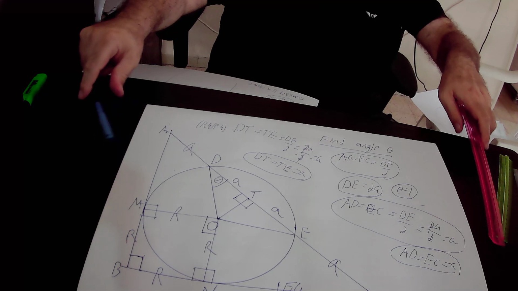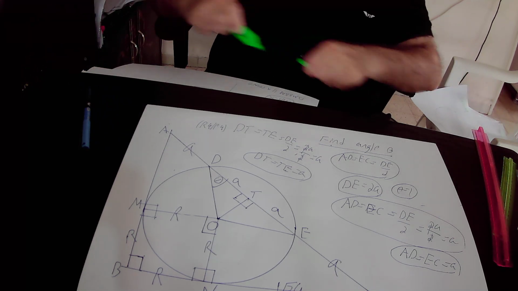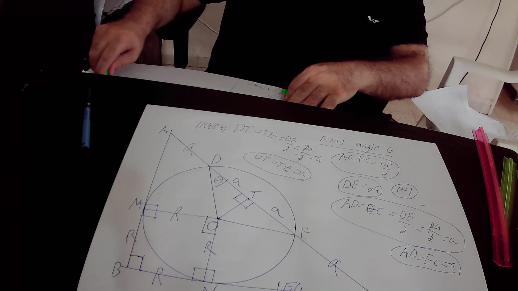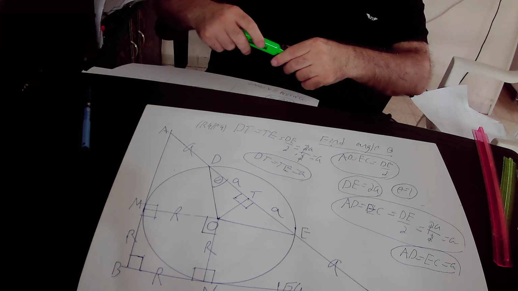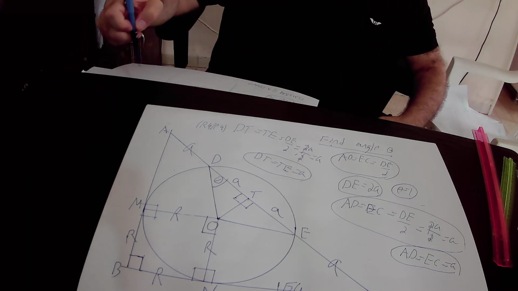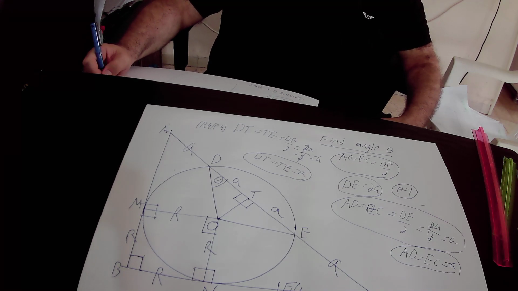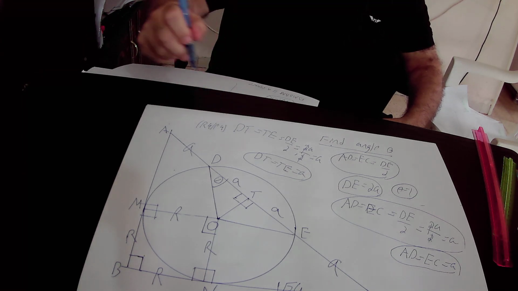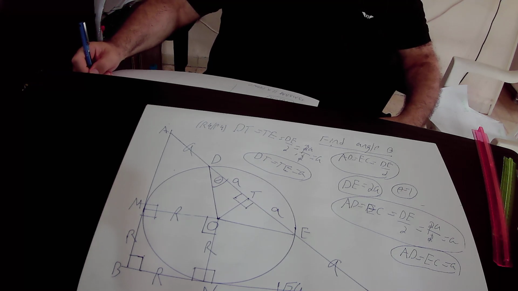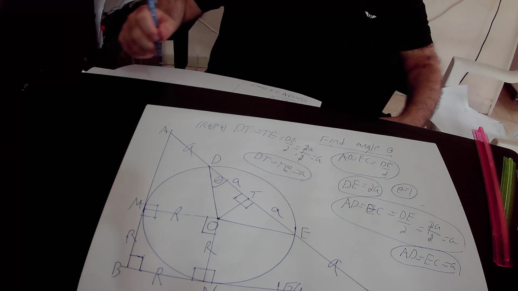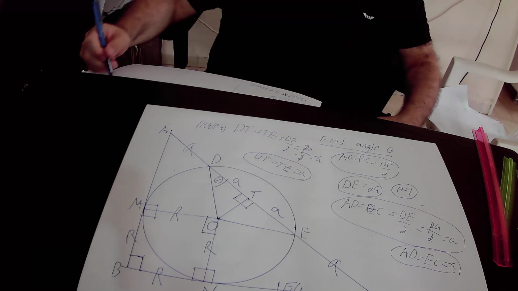According to rule number 10, AM squared equals AD times AE.